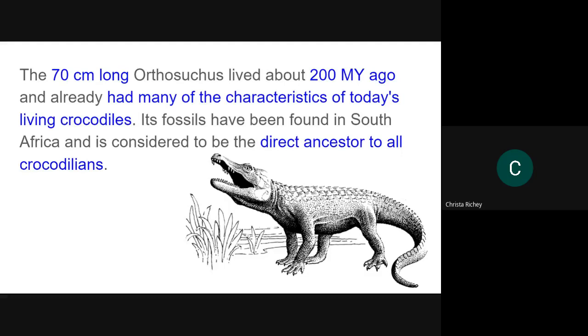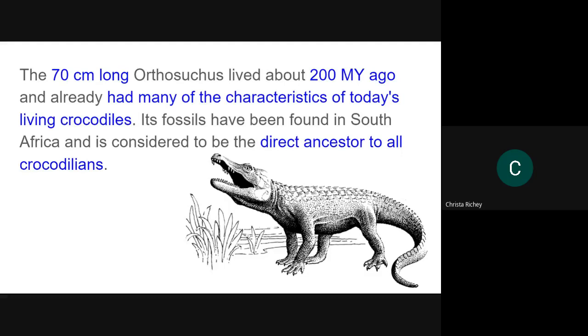The ancestor to our crocodile, 70 centimeters, for those of you in here, is this long. That's it. So like a baby alligator. So shorter than we are tall. All crocodilians come from something similar to this organism.